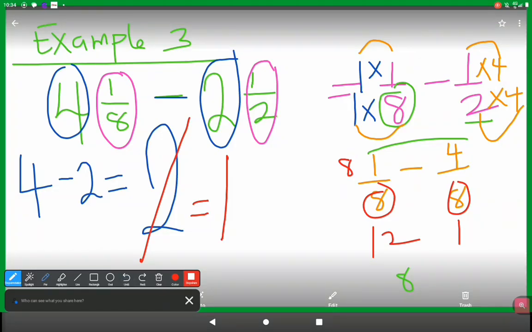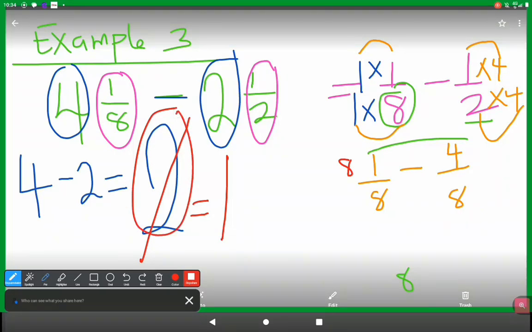But because this denominator is just 8, the one I pick from the whole number here turns to 8. Then I'm going to add the 8 to the 1. Now I'm going to have 9.